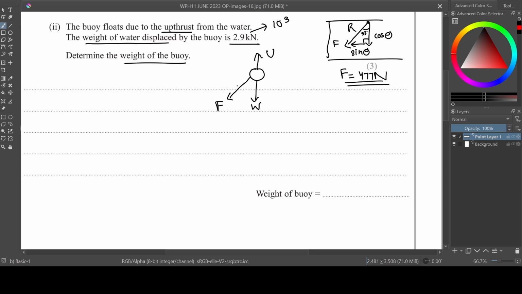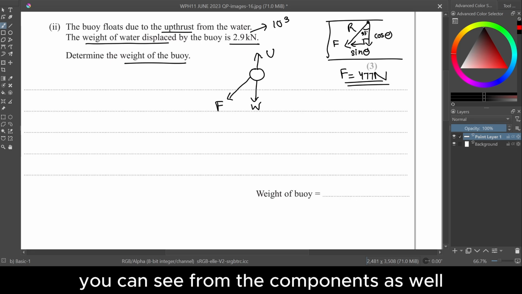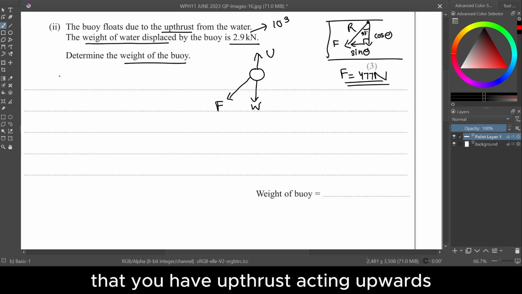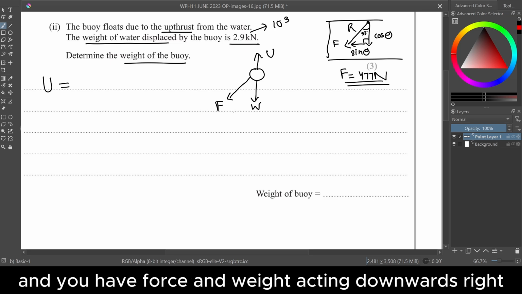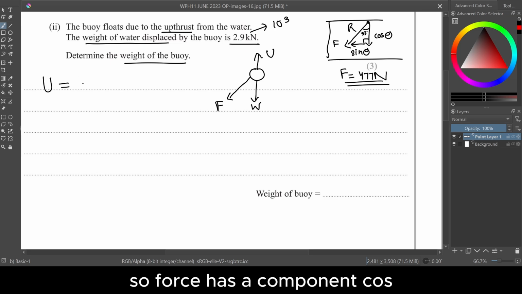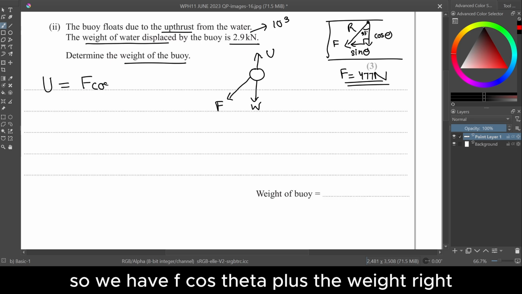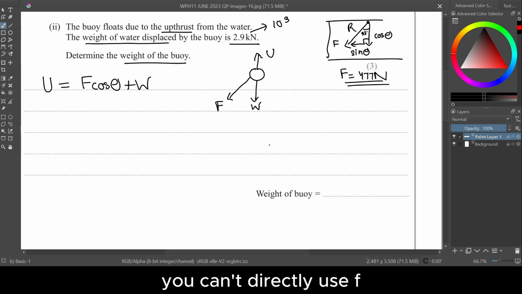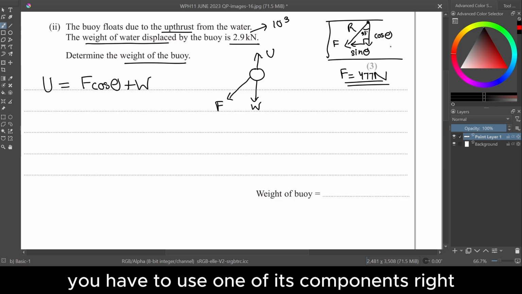Now you can see from the components that you have upthrust acting upwards and you have force and weight acting downwards. So force has a component cos, so we have F cos theta plus the weight. You can't directly use F, you have to use one of its components.